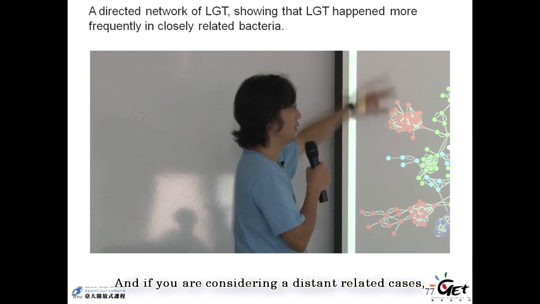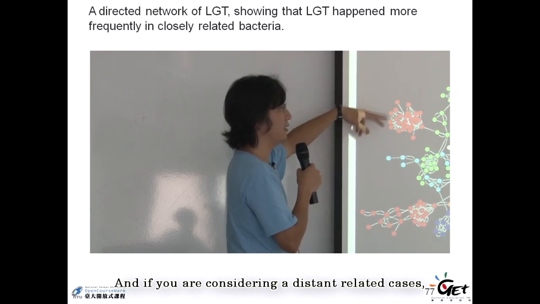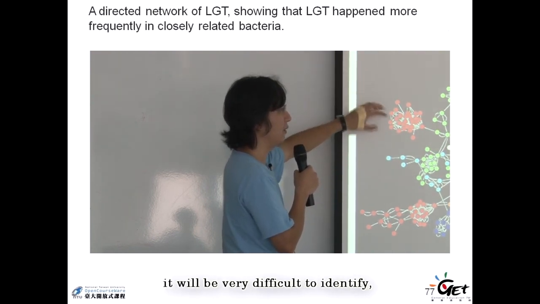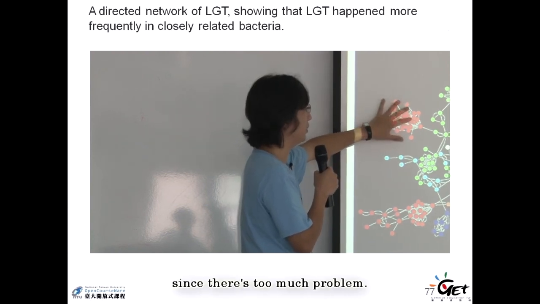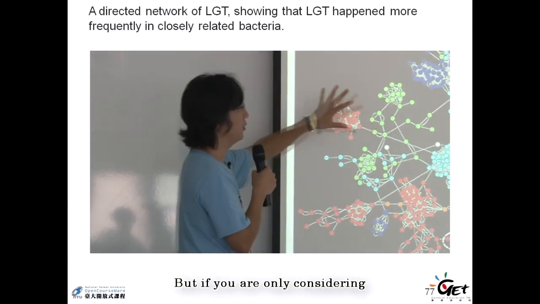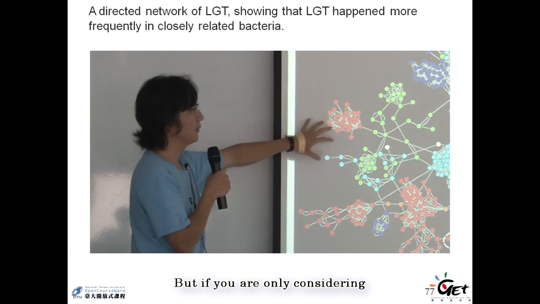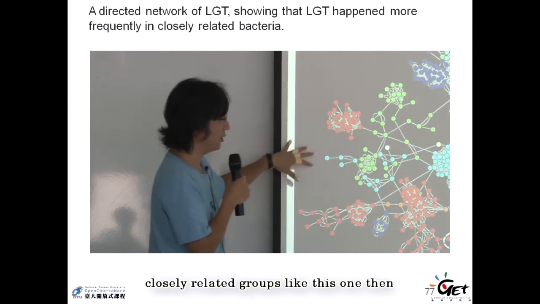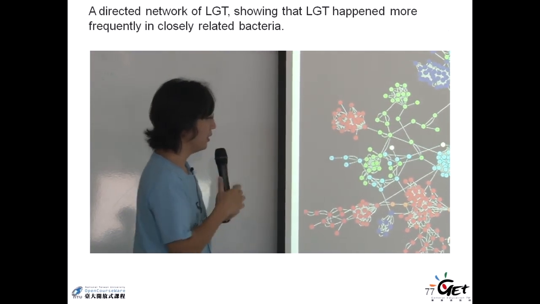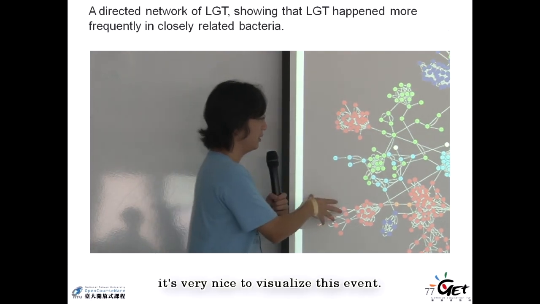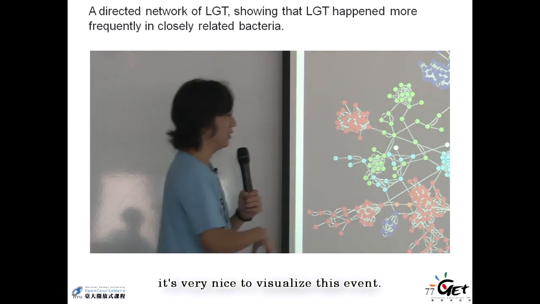If you consider very distantly related cases, it will be a little bit difficult to identify, since there are too many problems. But if you only consider a closely related group like this one, then it's very nice to visualize this event.